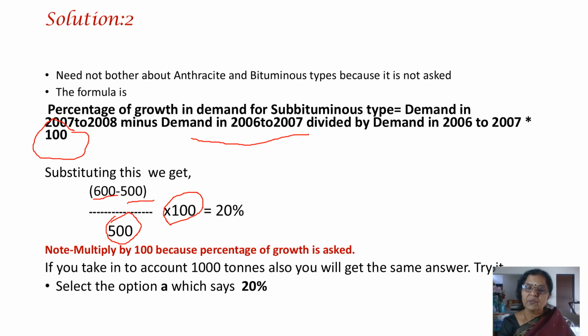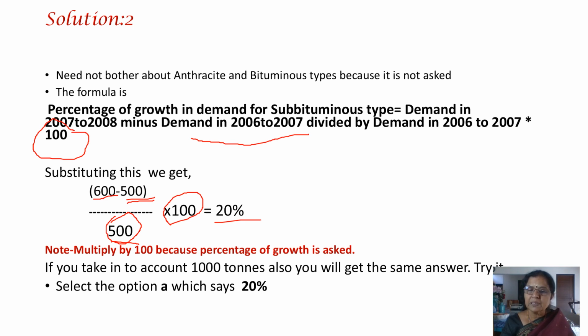So 600 minus 500 divided by 500 into 100. That becomes 20%. And you can also multiply this by 1000, because we said each figure is in thousands. So 600 into 1000, add 3 more zeros here, and here also 3 more zeros, and here also 3 more zeros. Everything will get cancelled. So ultimately you will get the same thing, 20% of growth in demand for subbituminous type.